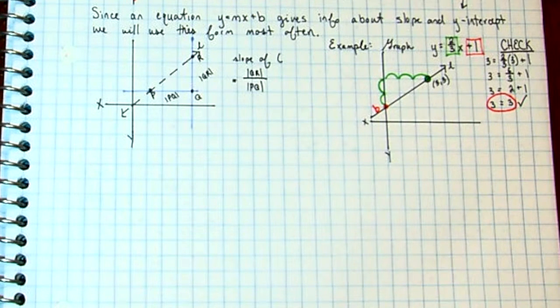Now, all I need to do is connect those 2 points, b and the point 3, 3, in order to get my line. I can also plug in the value of the coordinate 3, 3 into my original equation, y equals 2/3 x plus 1, to make sure it comes out as true.